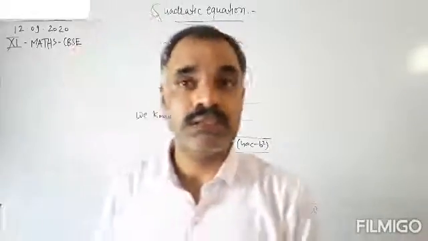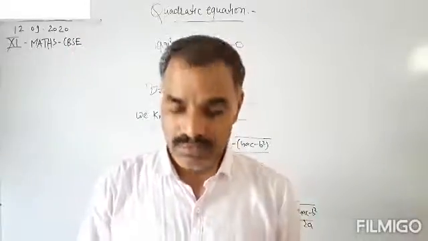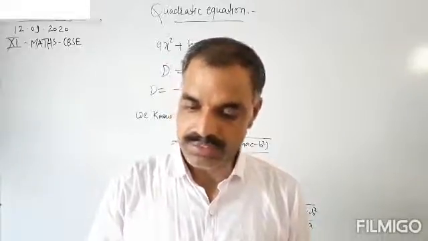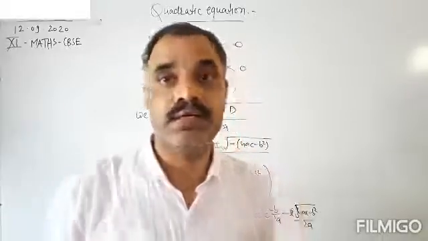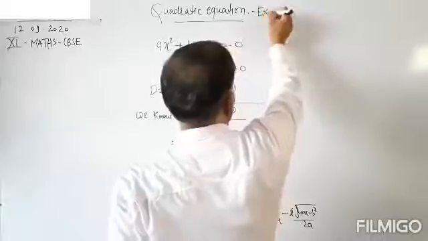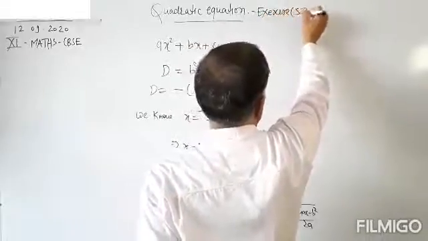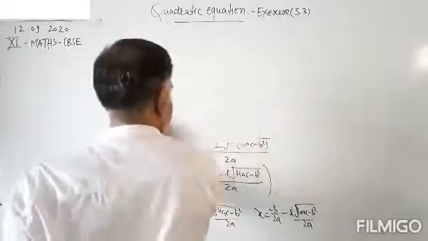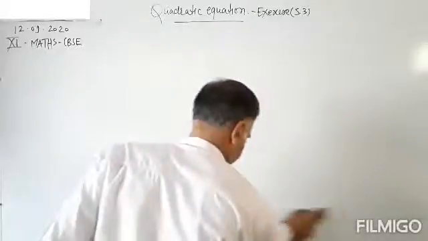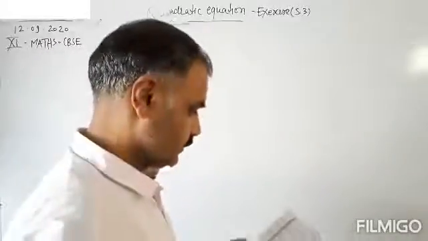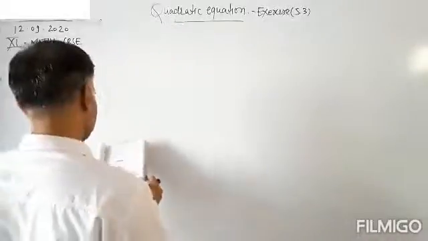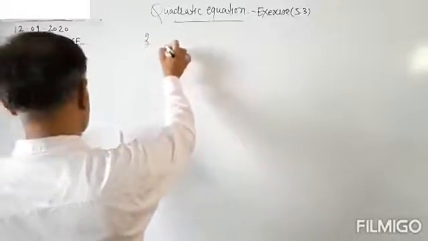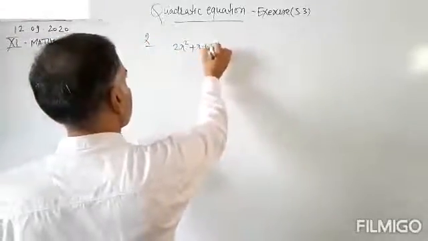Okay, so without wasting any time, let us take the questions of Exercise 5.3, starting with question number 2. It is given as 2x square plus x plus 1 equals 0.